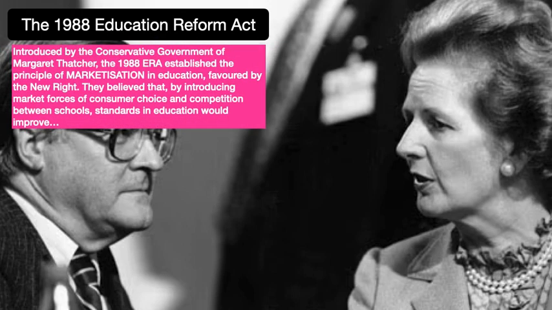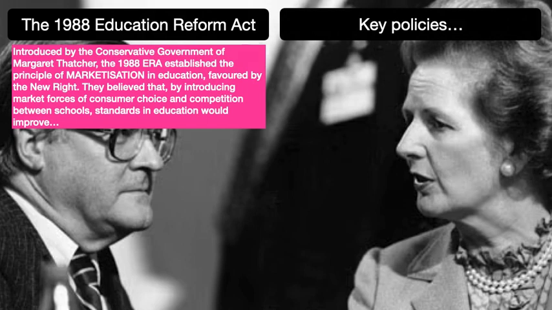Introduced by this government, the 1988 Education Reform Act established the principle of marketisation in education, that principle favoured by the New Right. They believed that by introducing market forces of consumer choice and competition between schools, standards in education would improve.